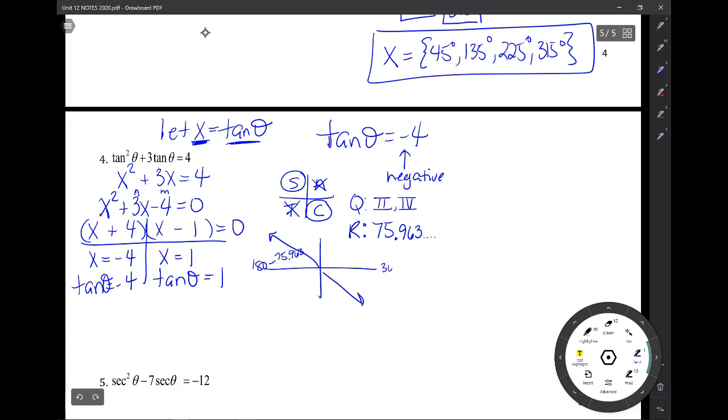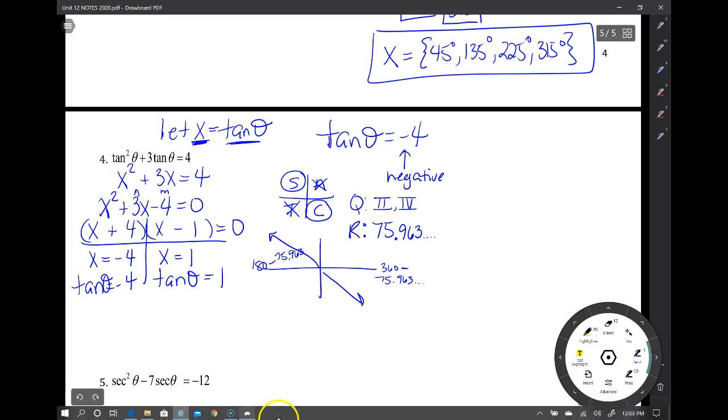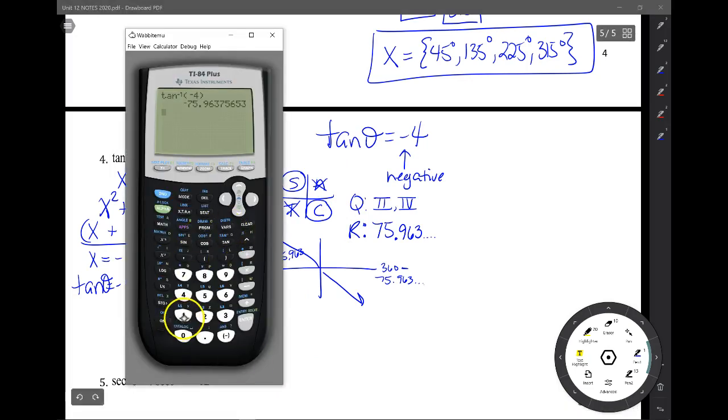So that means I'm going to do 360 minus the 75.963... And that's going to give me the angle that matches in quadrant 4. So in your calculator, you would do 180 minus that answer.